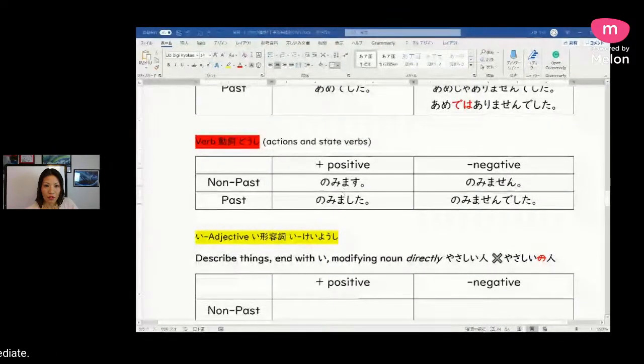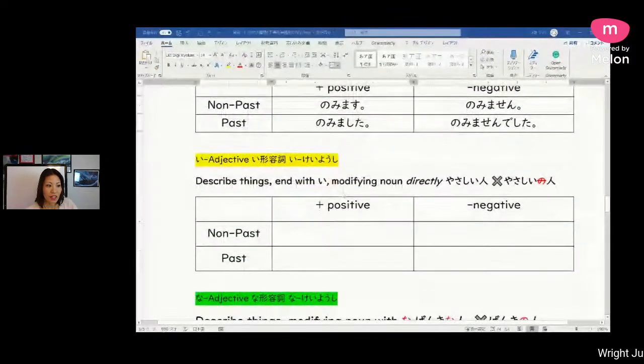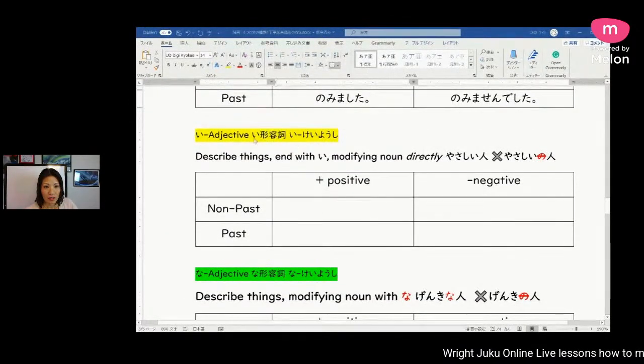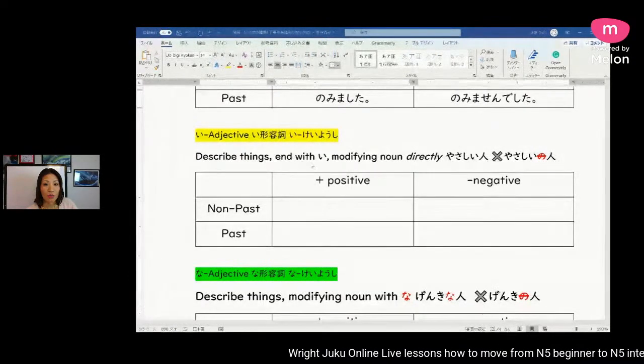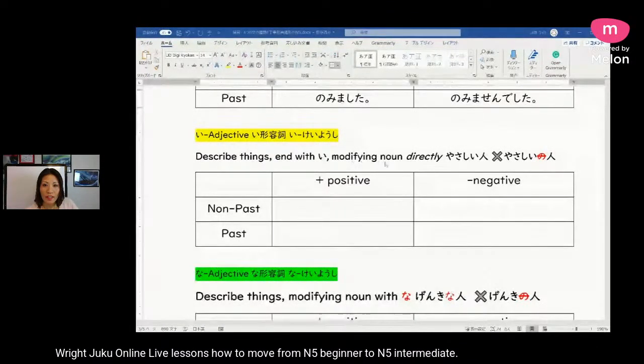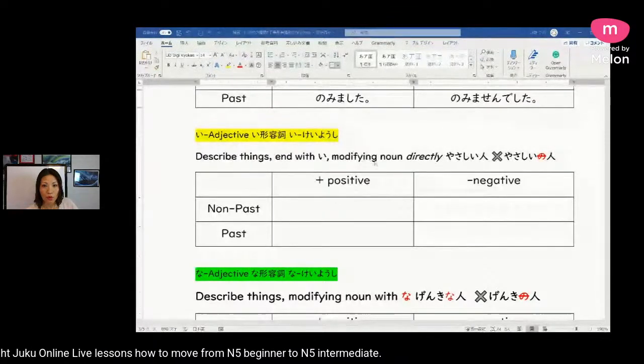Okay, so move on to E adjective. Ready? So E adjective describes things, and E adjective words end with い. An important thing to notice is that when modifying a noun, the E adjective modifies the noun directly. So please note that on your paper.